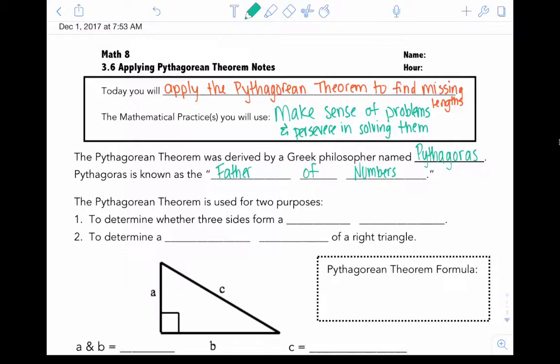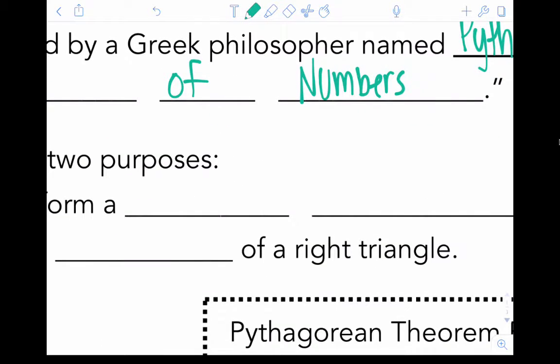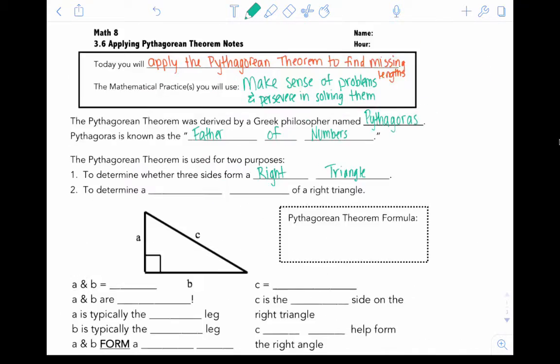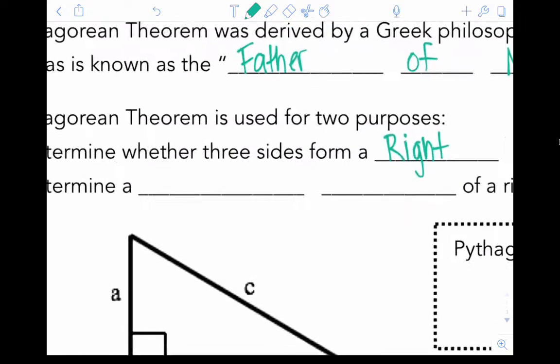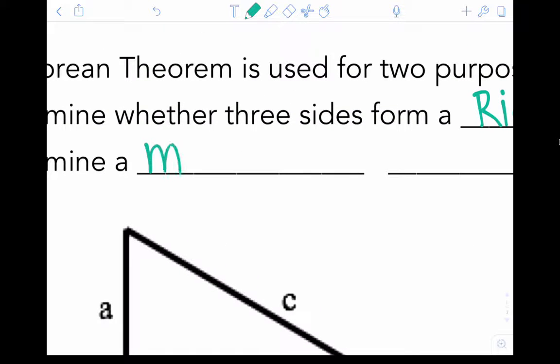So the Pythagorean theorem is basically used for two purposes. The first one is to determine whether three sides form a right triangle. If you have three side lengths, you can figure out if they form a right triangle or not using this. And the other purpose is to determine a missing side of a triangle.